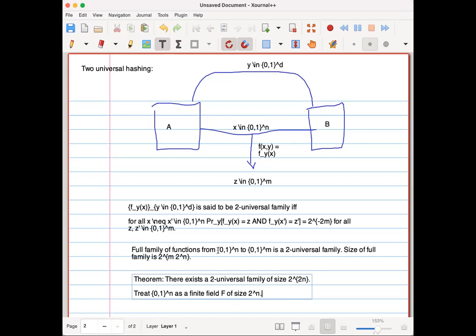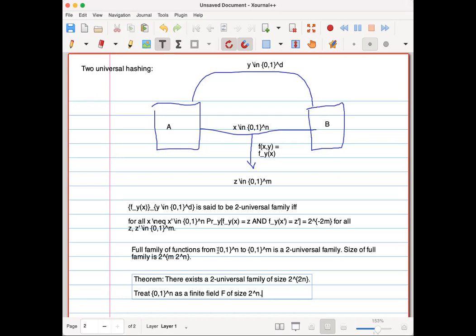There are finite fields of every prime power size, so surely there is a finite field of size 2 to the power n for any n. A finite field of size 2, you all know, is just integers modulo 2: 0 plus 0 is 0, 0 plus 1 is 1, and 1 plus 1 is 0.